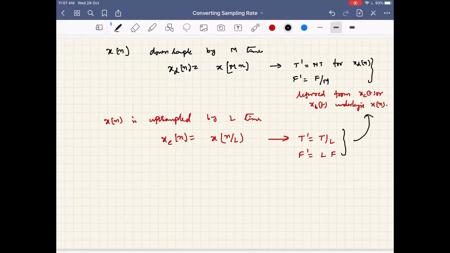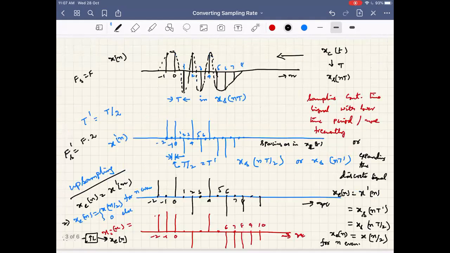We also discussed that upsampling is usually followed by interpolation, because the expansion process creates zeros in between.